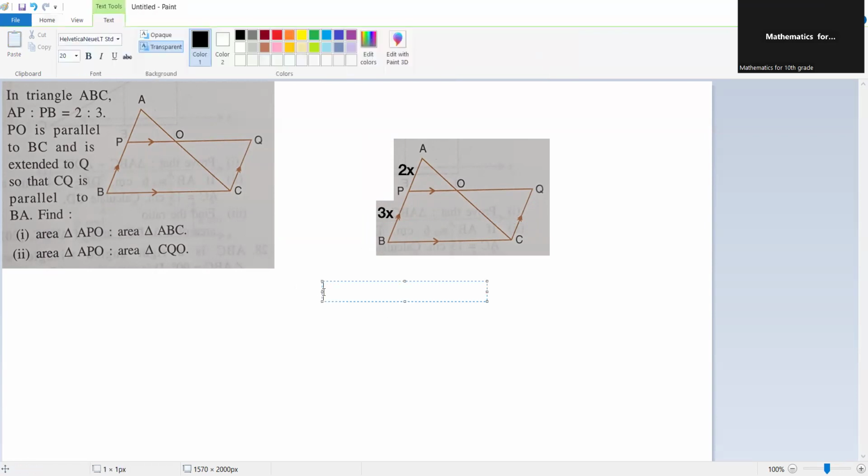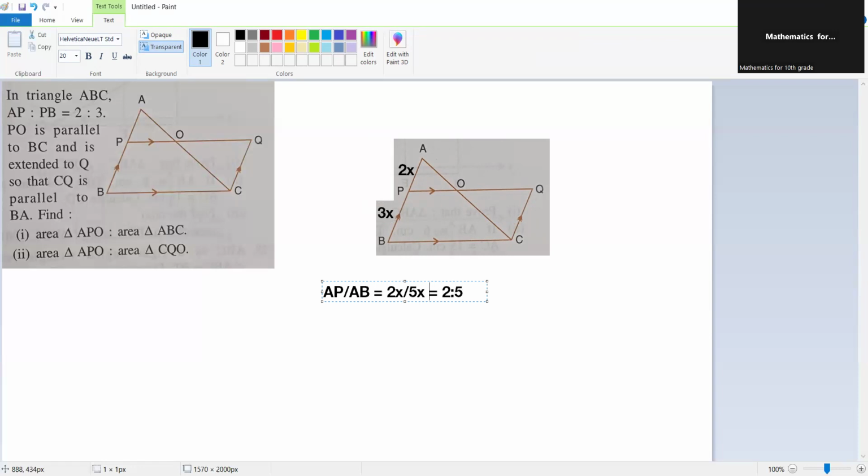So AP by AB, because the first question needs the area of triangle APO to area of triangle ABC. So AP is to AB is 2x by 5x, which is equal to 2 is to 5.